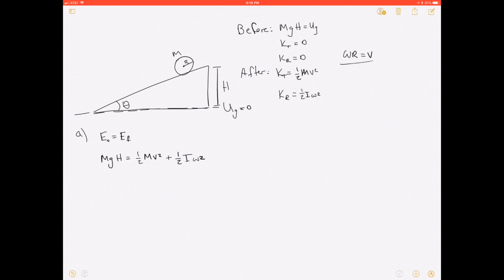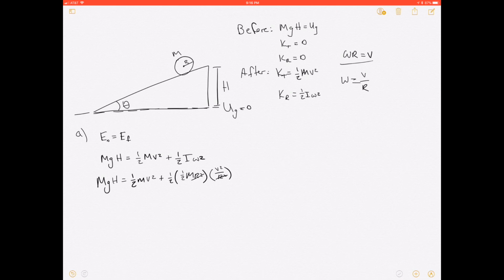And now we have I, which they gave as 1/2 mr squared, and omega is equal to v over r. So we can substitute that in. We get mgh is equal to 1/2 mv squared plus 1/2 mr squared times v squared over r squared, and these cancel out.